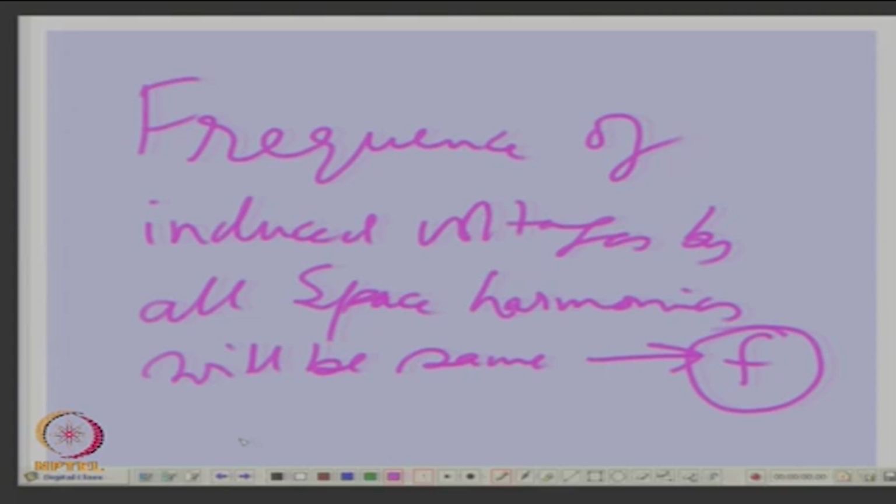Even with sinusoidal current, even with sinusoidal MMF, you will have 3f, 5f and so on. That is time harmonics. Any doubt on this or any confusion? Have you understood? There are two ways. One is the winding will give rise to a non-sinusoidal MMF distribution in the air gap, which gives rise to additional fields other than the fundamental field.